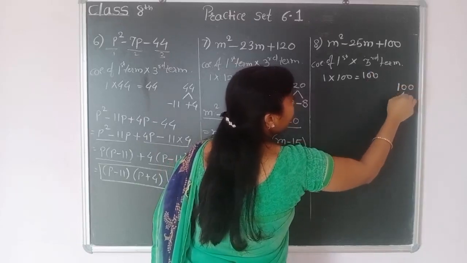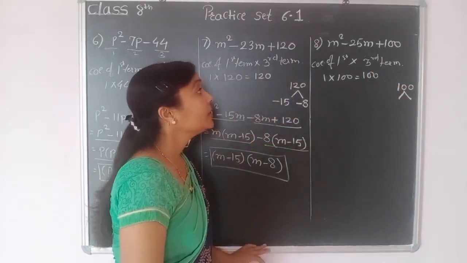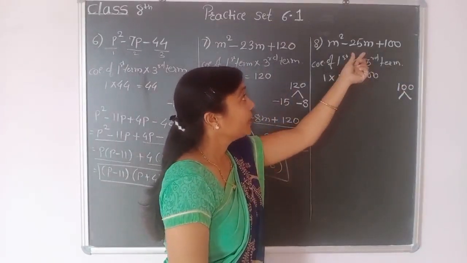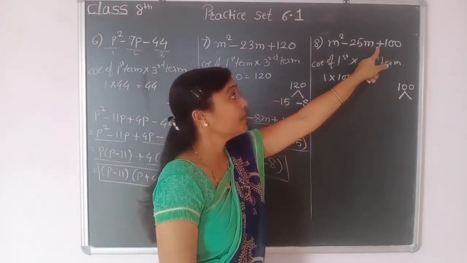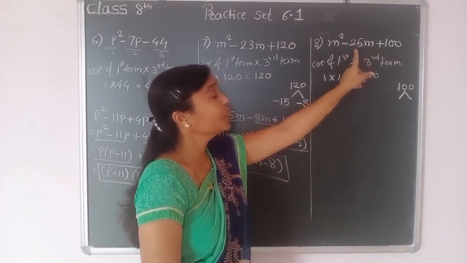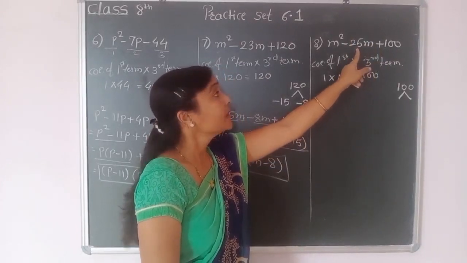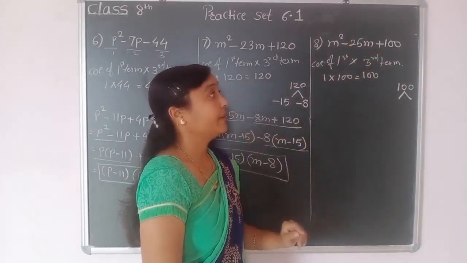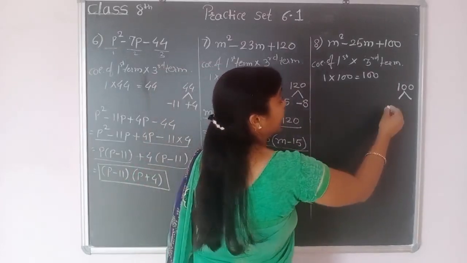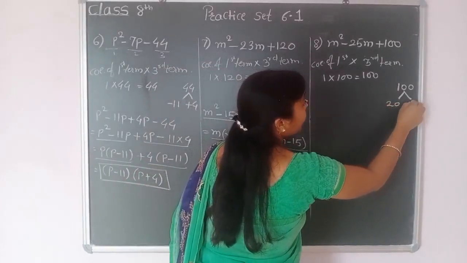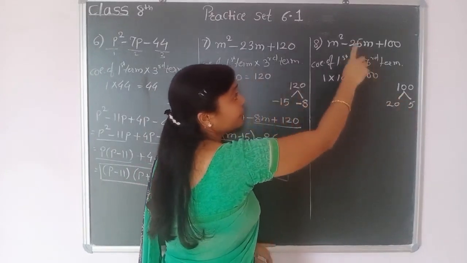We find out the factors of 100 in the term of 25m. Means we want the sum. Here is plus, that means we want the sum of this minus 25. Which are the factors? 20 into 5. 20 into 5. 20 plus 5, 25.